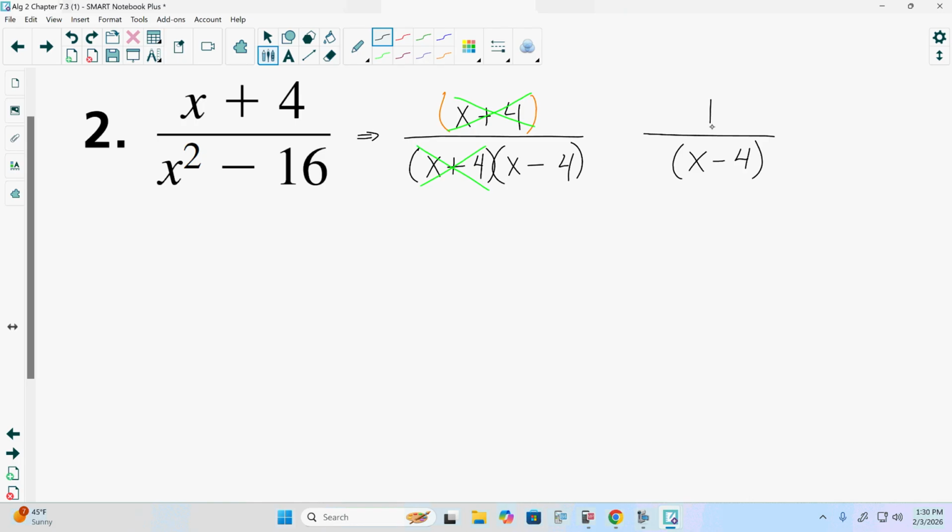Because what we're saying is x plus 4 over x plus 4, when it divides out completely, it reduces to 1. Or if we split it up, we'd say 1 times x plus 4. The 1 is still there. Questions on this here? We'll finish this tomorrow.